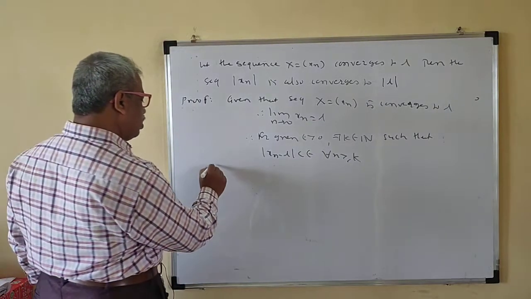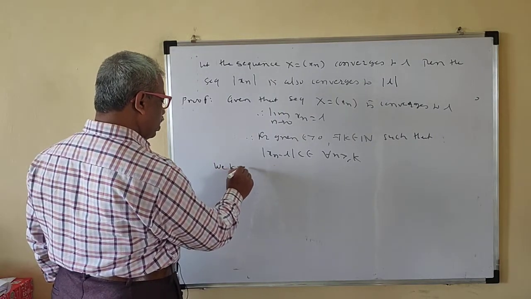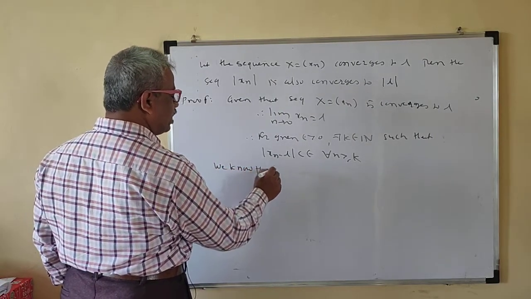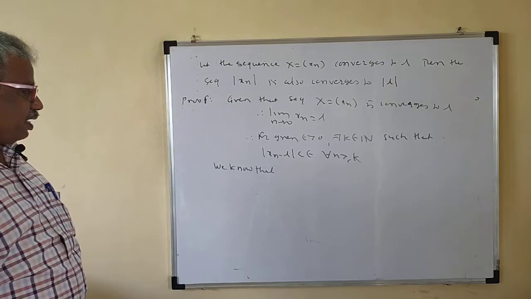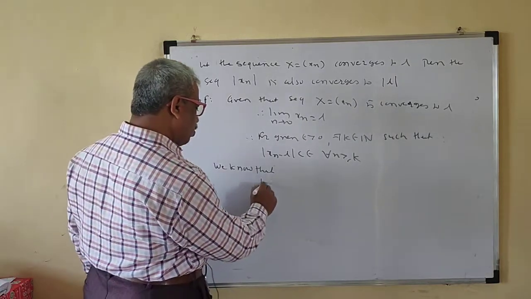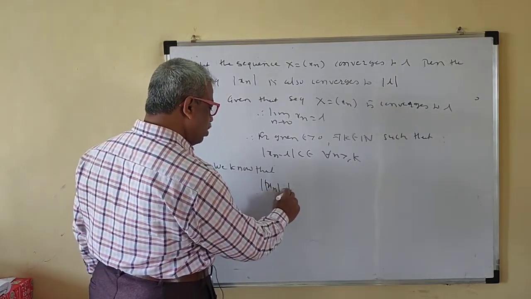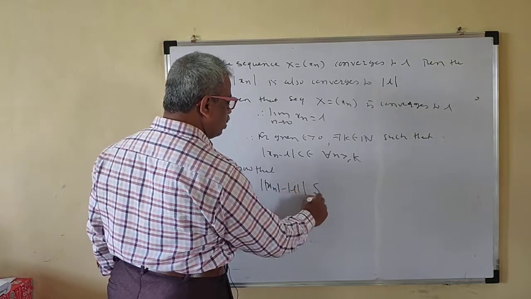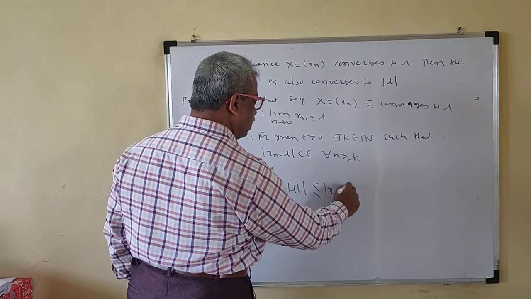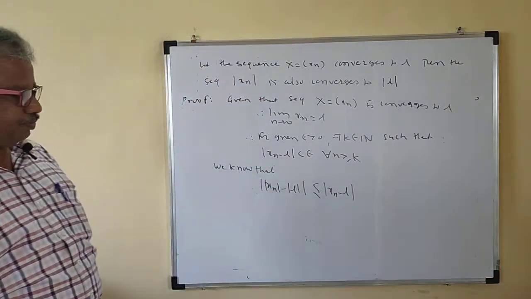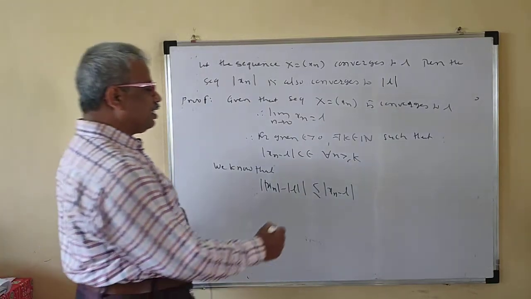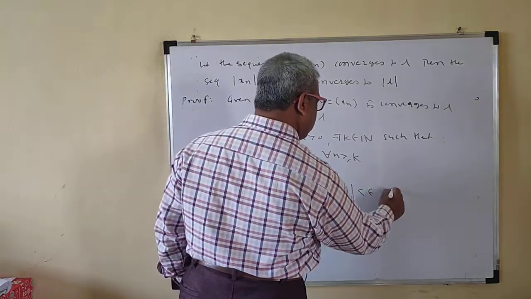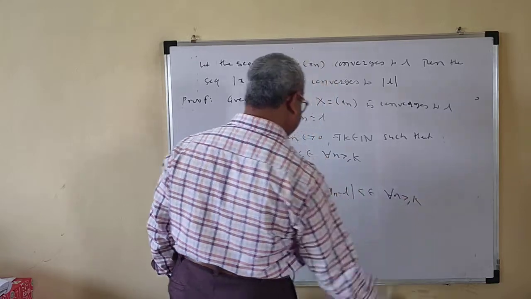So we know that mod of xn minus mod of l is less than or equal to mod of xn minus l, which we have proved is less than epsilon for all n greater than or equal to k.